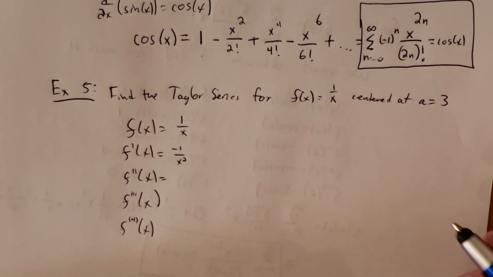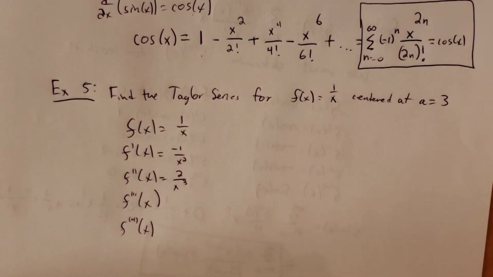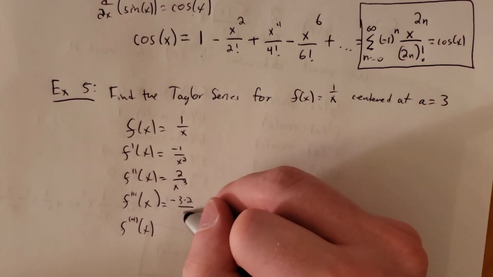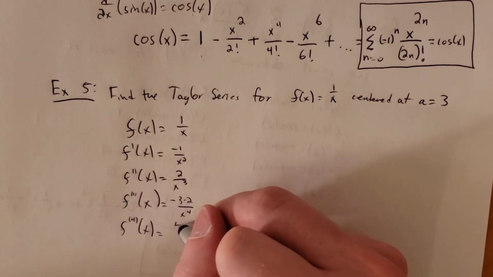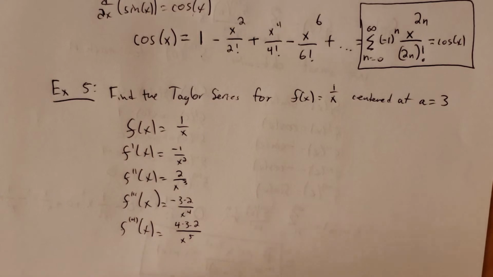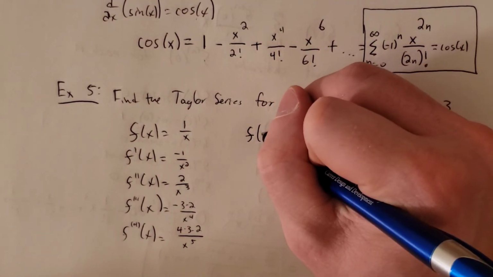Our derivative of that is 2 over x cubed. Then the derivative of that is negative 3 times 2 over x to the 4th. And the derivative of that is positive 4 times 3 times 2 over x to the 5th power.